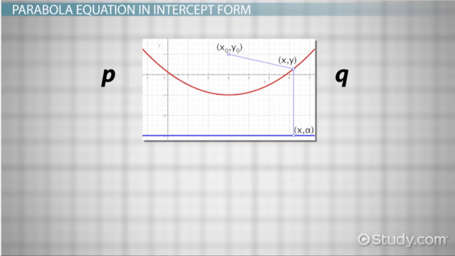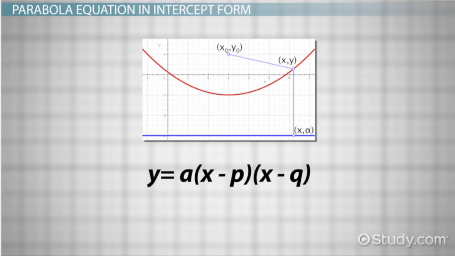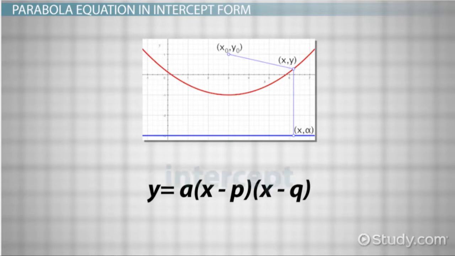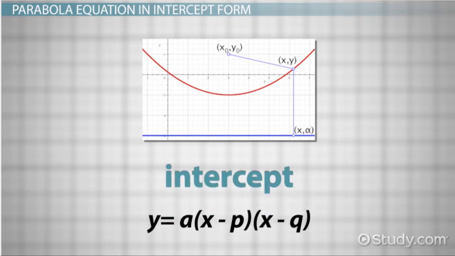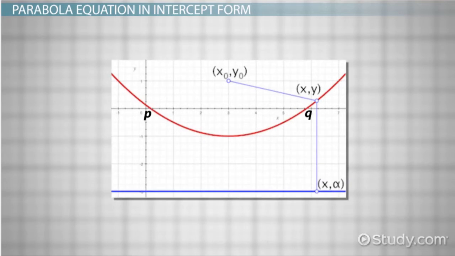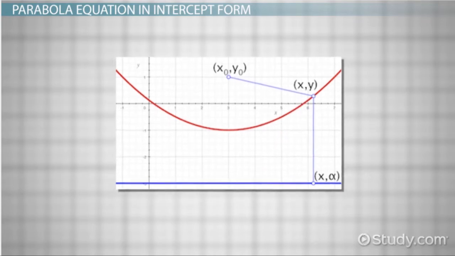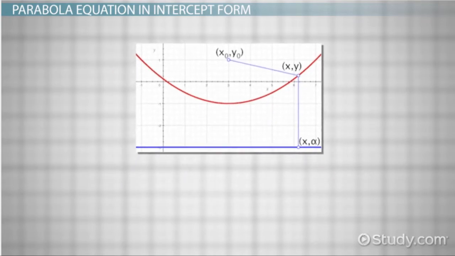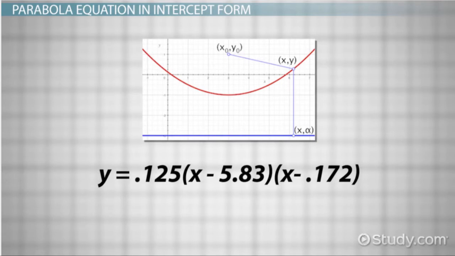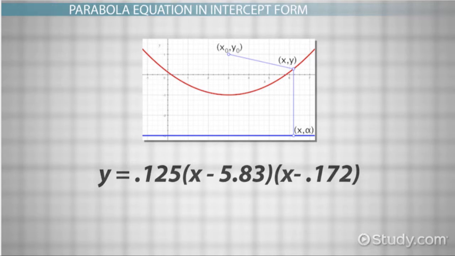The equation looks like y equals a times (x minus p) times (x minus q). Now you have an equation which directly gives you the intercept information. The p and q are the x-intercepts. These are the places where the parabola curve crosses the x-axis. The example parabola equation in intercept form is y equals 0.125 times (x minus 5.83) times (x minus 0.172).